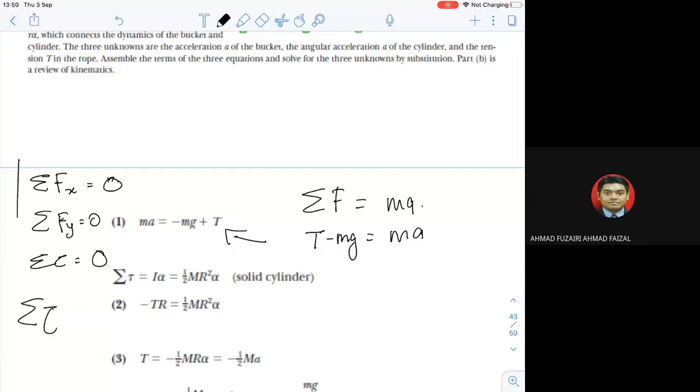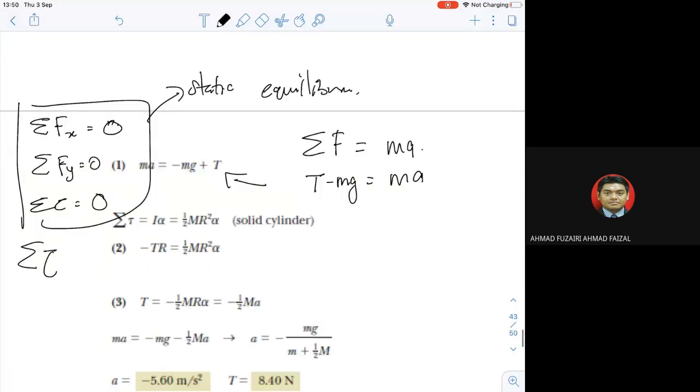This one is for static equilibrium. But for an object that moves, torque will be equivalent to I alpha. So what is your I? Based on a solid cylinder, I should be equivalent to half mr square, times alpha, because torque is equivalent to I alpha.